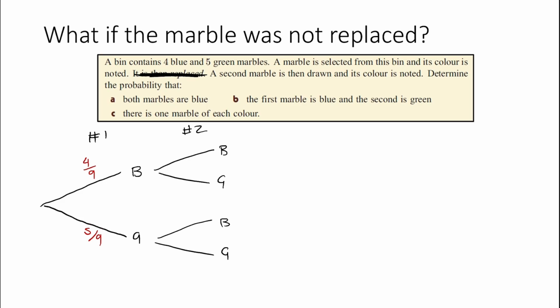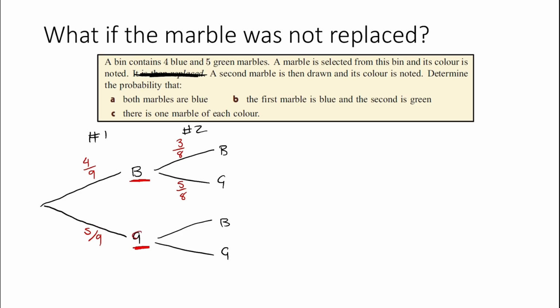But then as we're not putting that marble back in, we're only going to have 8 marbles on our second pick. Now in this branch here, we've withdrawn a blue, so now we have 1 less blue in the bag. So we're going to have 3 blues left. We're still going to have 5 greens, so it's going to be 3 over 8 and 5 over 8, because in this situation we've withdrawn a blue marble first.